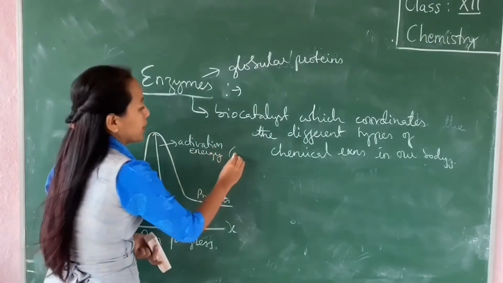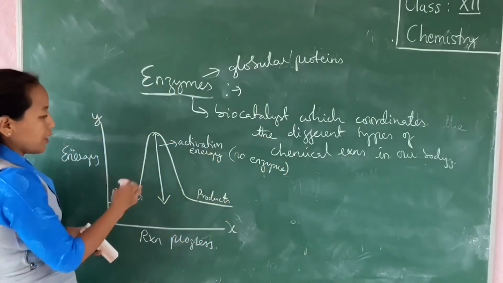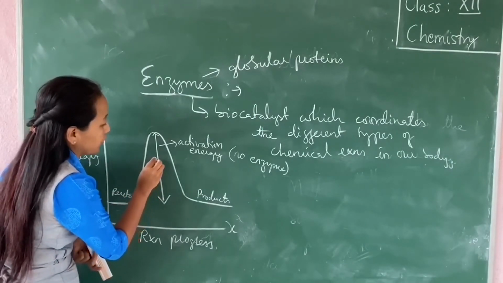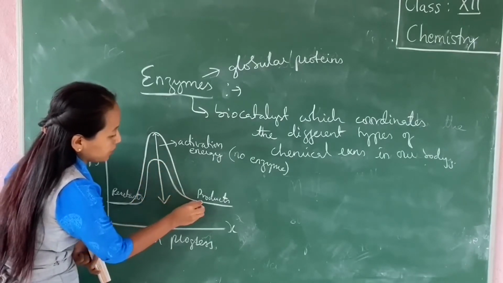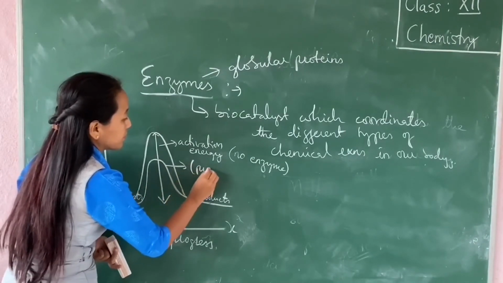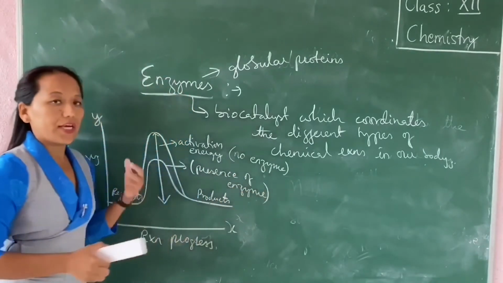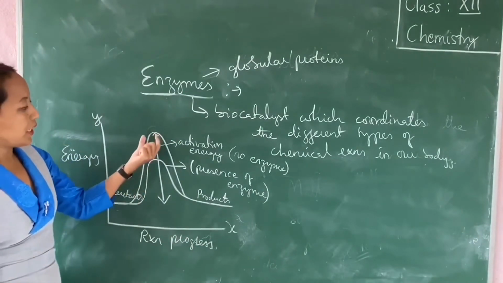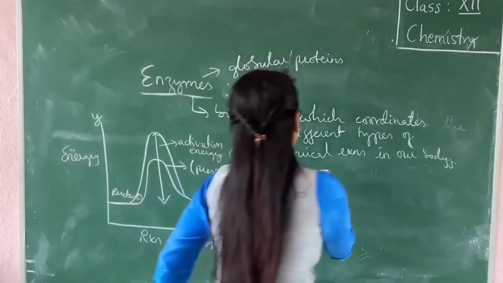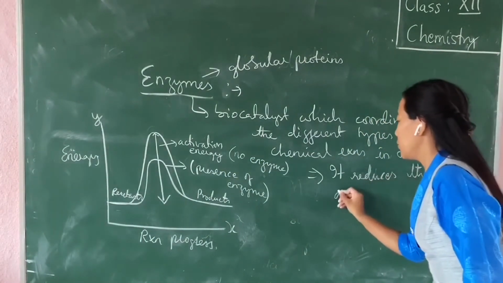This is when there is no enzyme. Now let's say I carry out this reaction in the presence of enzyme. It reduces the activation energy required to such a level that the speed of the reaction is much faster. So this is in the presence of enzyme. That's how the rate of the reaction is increased, by reducing the activation energy required for the reactants to get converted to products.